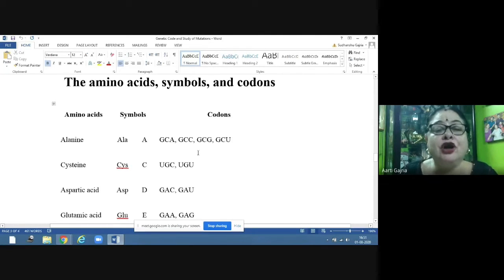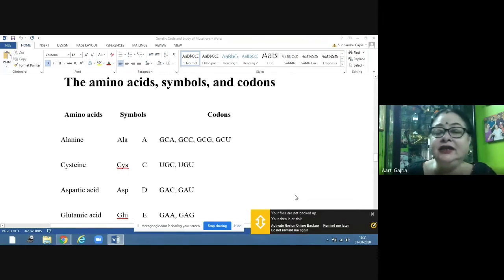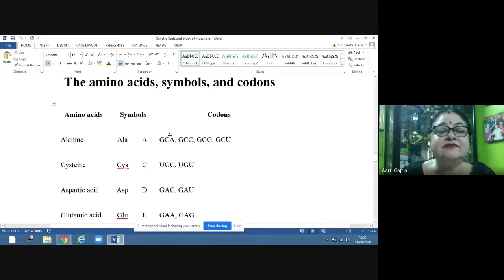Unambiguous, because GCA will never code for cysteine. It will always code for alanine. This property is unambiguous. The third property, universal: even in bacteria, this will code for alanine. Even in any other species, this will code for alanine.